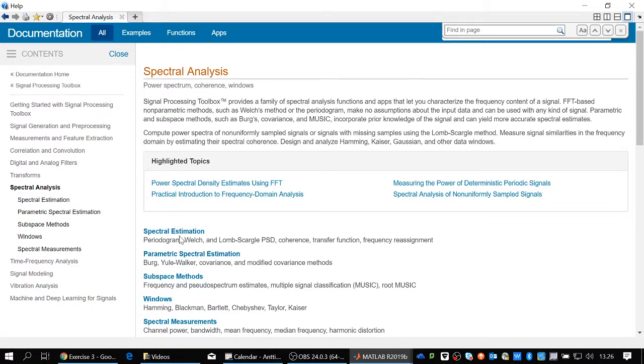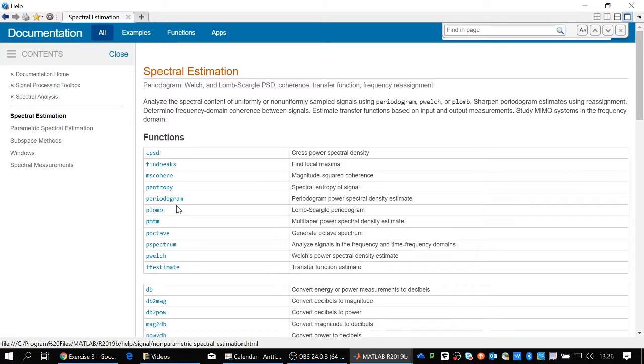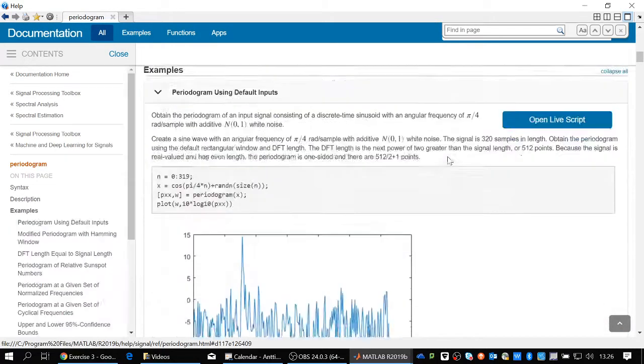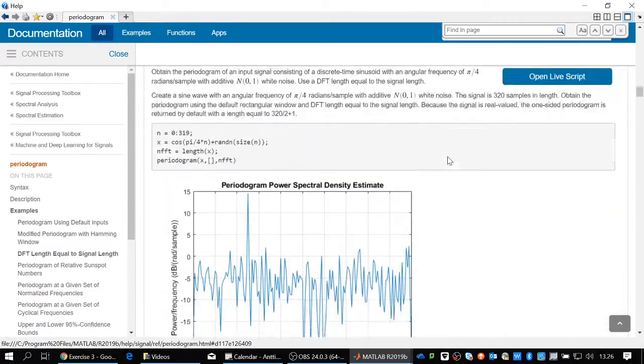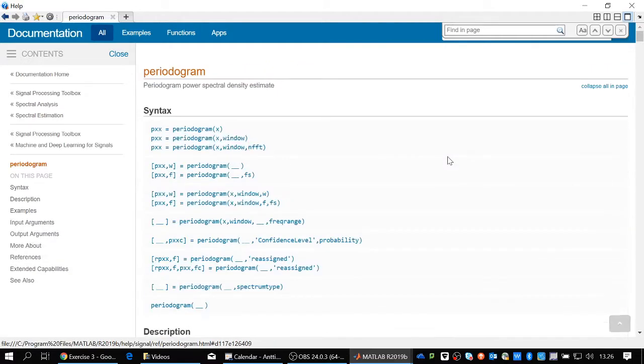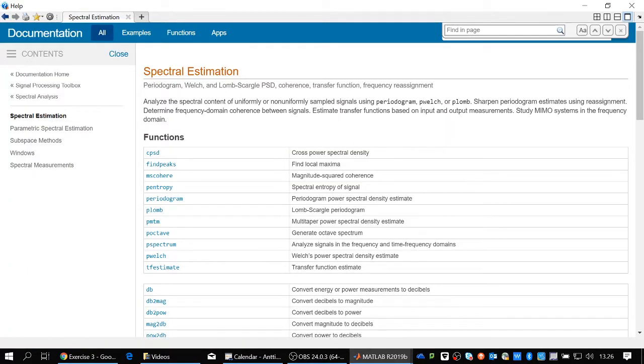Let's see. No, these are actually the spectral responses. Okay, good. So let's go back to the spectral analysis and find the spectrogram page. Huh? What?